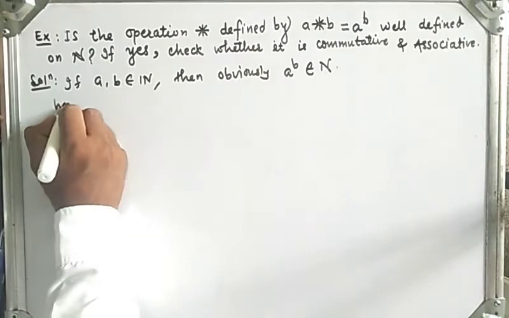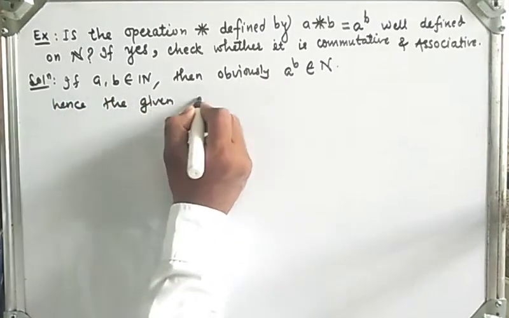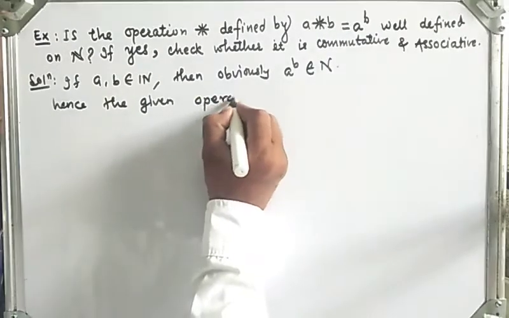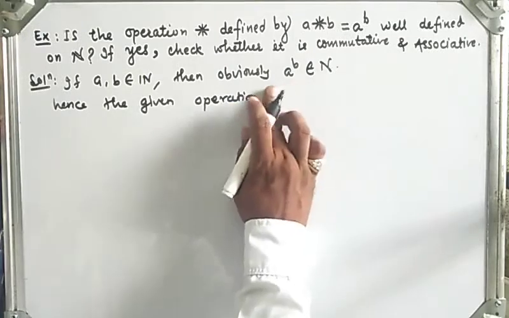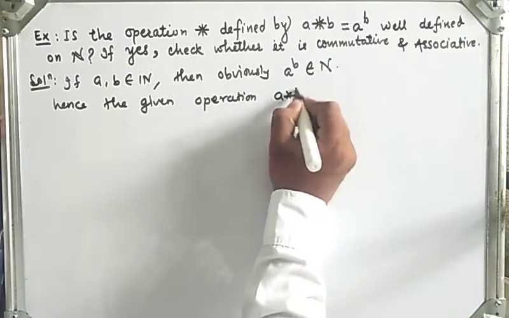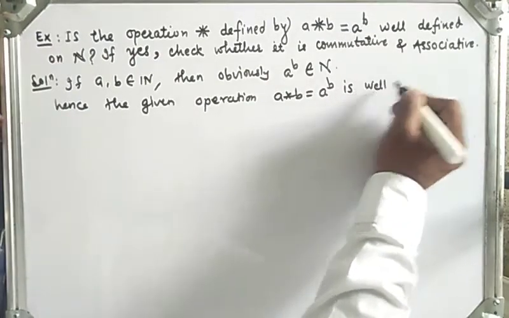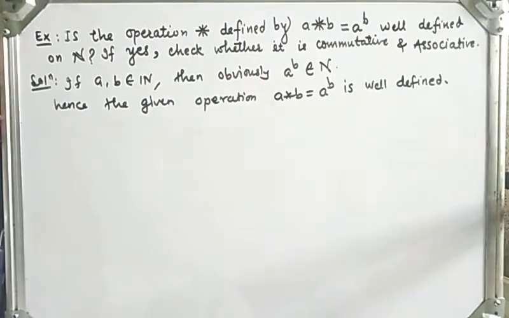Hence the given operation, a star b is equal to a raised to b, is well defined. Well defined means star is a binary operation, right?